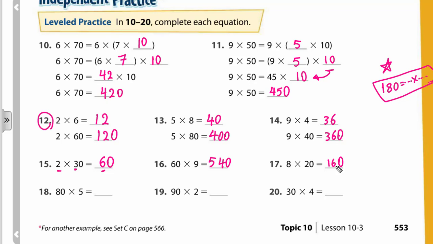Ziad? Yes, teacher. Question 18. 18 multiplied by 5 equals 400. Great work. Thank you, Ziad. Al Hassan?